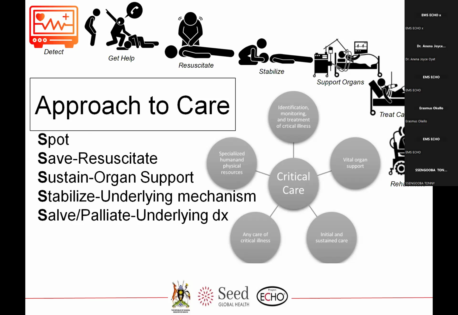And then finally, you want to salvage this patient or palliate them. In other words, you want to render a cure to this patient's problem, the underlying cause of all this. Electrolytes are victims. They're like us, except that a victim can sometimes turn to be a villain.